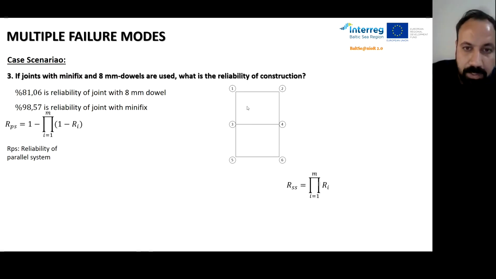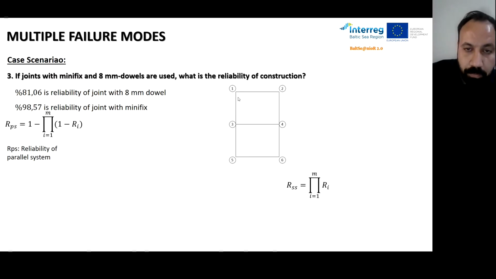In each joint I have 2 joints, one is Minifix and one is 8 mm dowels, so that's why it is now a parallel system. Every joint is a parallel system in itself, but when we look at the whole construction again, it is going to be a series system.